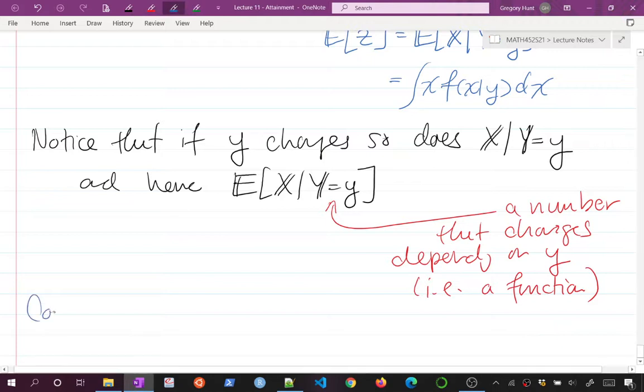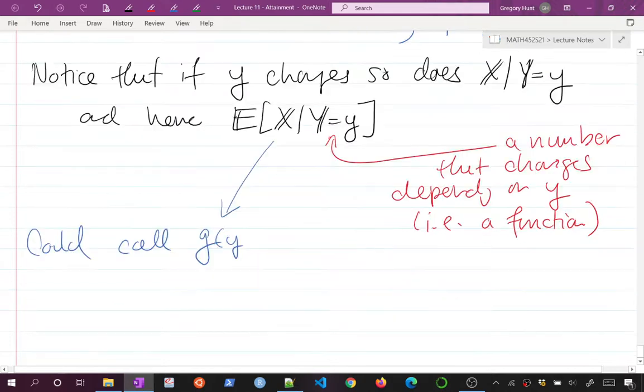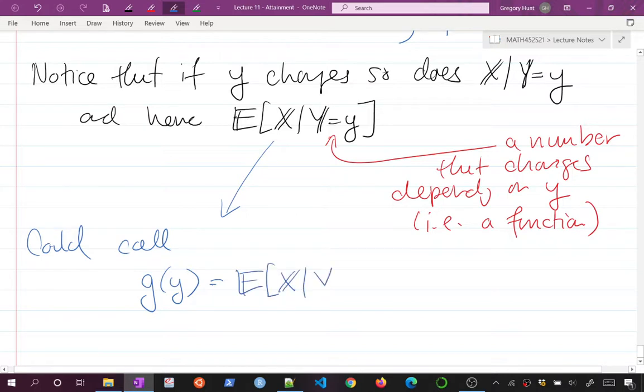So we could call that thing g of little y. So we could make a little function g of little y, and if you give me my value of little y, I'm going to give you the conditional expectation of X given Y is at that little y.